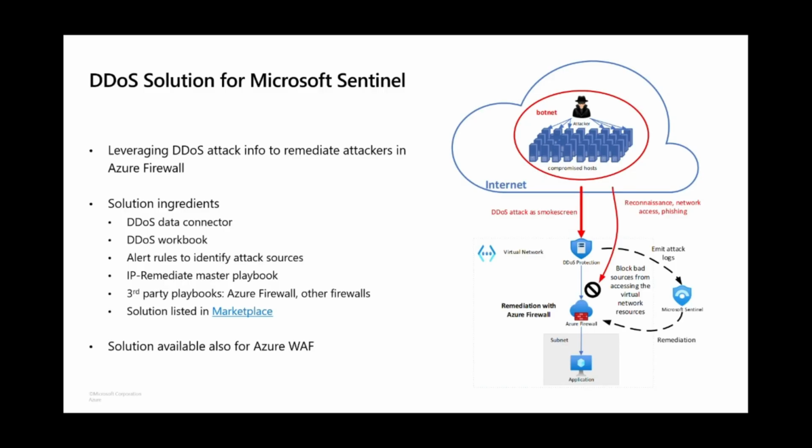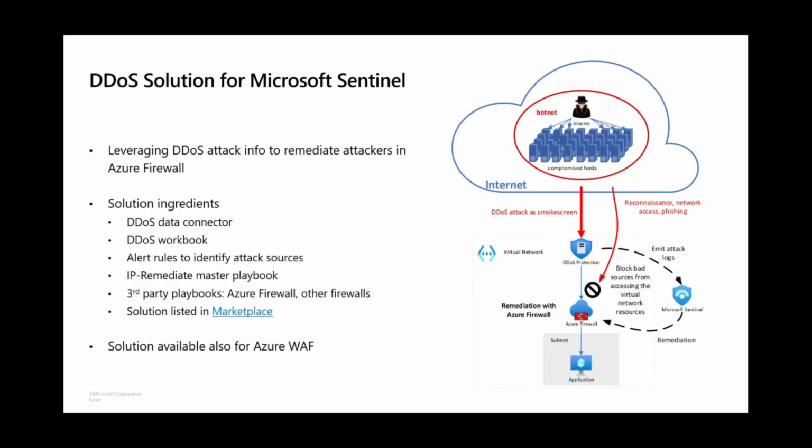For example, if you're using Azure Firewall or something like Checkpoint or Palo Alto, it will add these source IPs from malicious users that we know about to a deny rule on this firewall, so that if they start a different type of attack with these same source IPs, they will be blocked automatically.